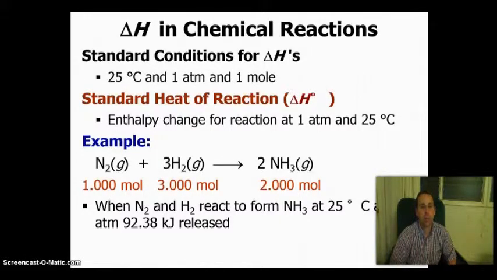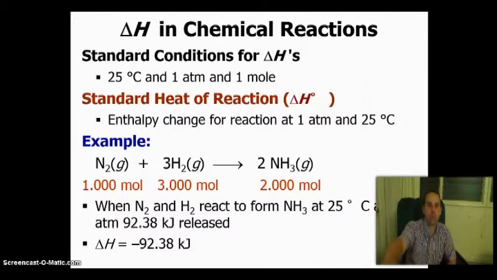And it says here when nitrogen and hydrogen react to form ammonia at 25 degrees Celsius and 1 atmosphere, 92.38 kilojoules of energy is released. So that means the delta H for this chemical reaction is negative 92.38 kilojoules, because this energy is released.